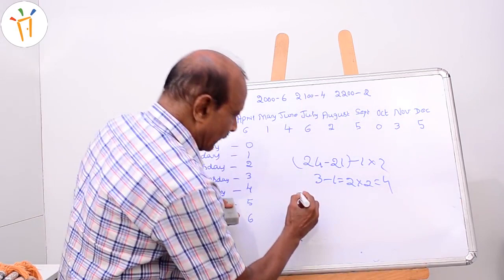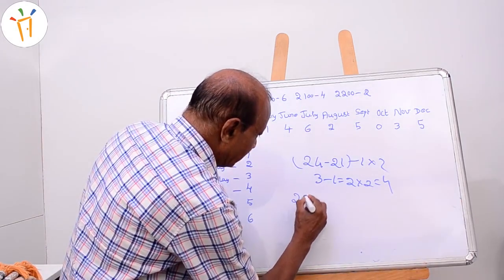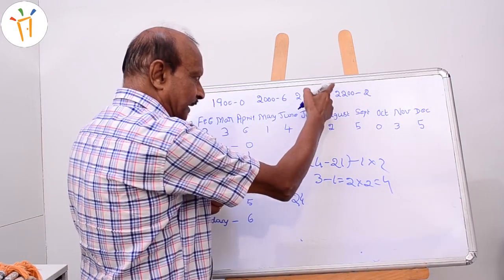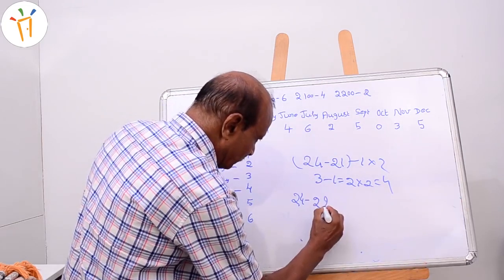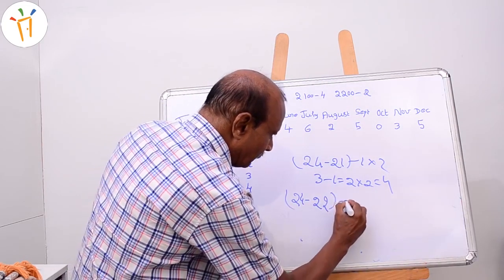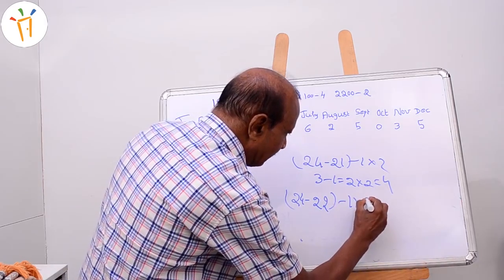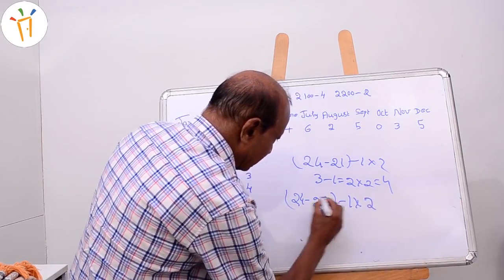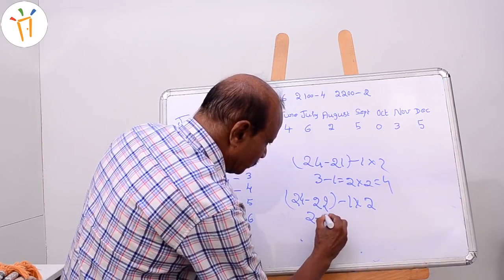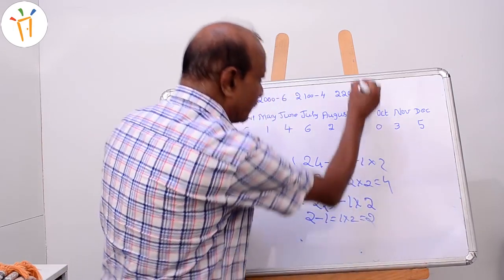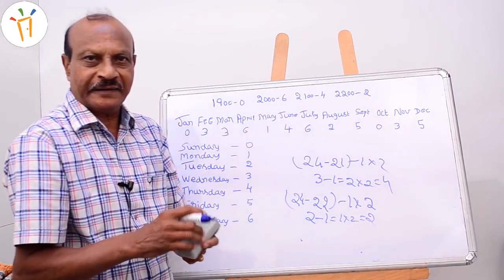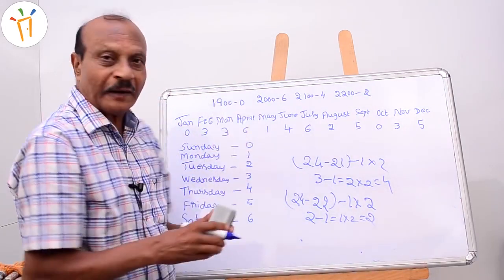And 2200, 22, next divisible number is 24. 24 minus 22, minus 1, into 2. 24 minus 22 is equal to 2. 2 minus 1 is equal to 1. 1 into 2 is equal to 2. That is the code number for 2200. Now you have understood how I have given the code.